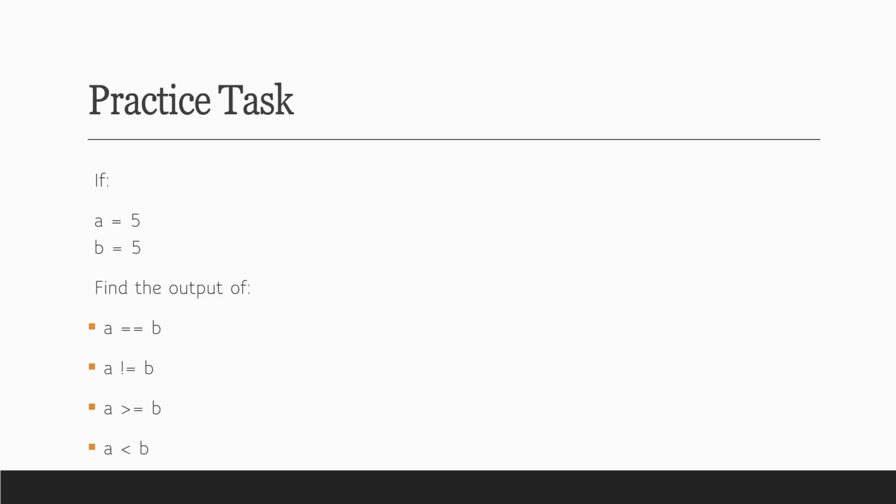A is not equal to B. 3. A is greater than or equal to B. 4. A is less than B. Write your answers in the comments section. Mention the question and whether the result is true or false. Let us see who gets all the answers correct.